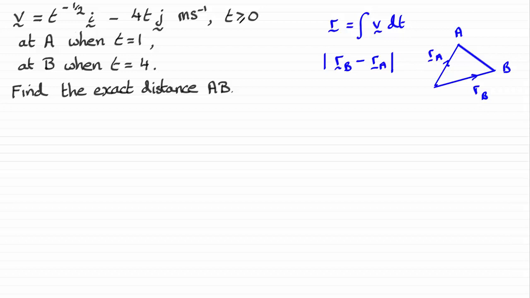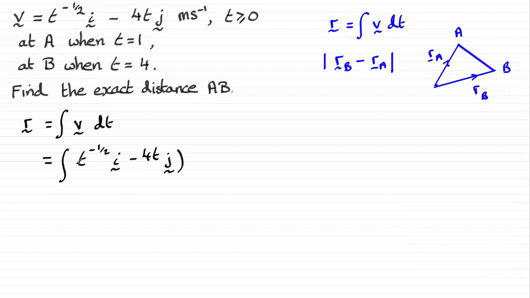Right, so let's start then. We're going to find the position vector r in general. That's going to be equal to the integral then of v with respect to t. So substituting our values for v in, we've got t to the power minus a half in the i direction, minus 4t in the j direction.